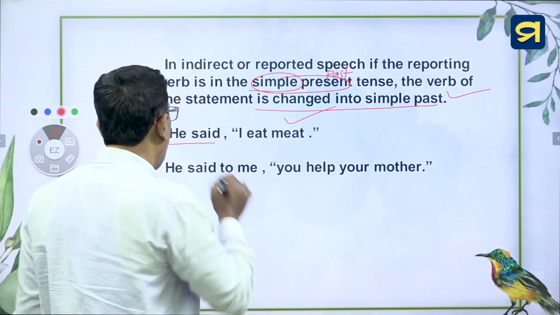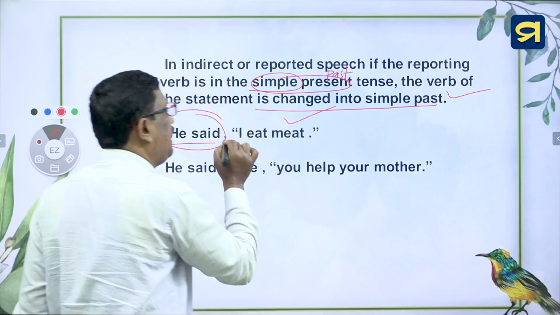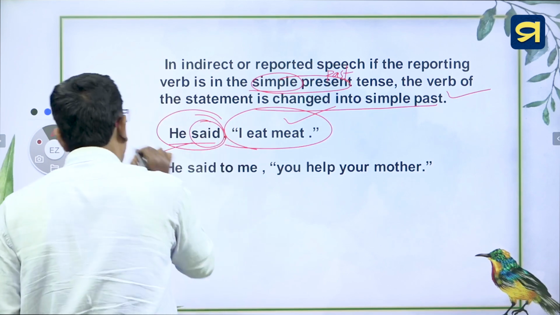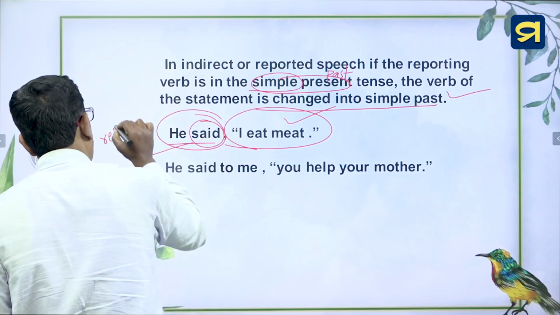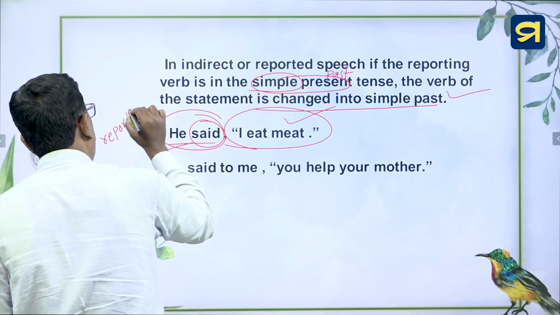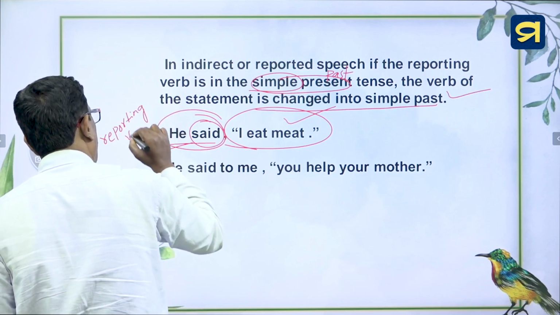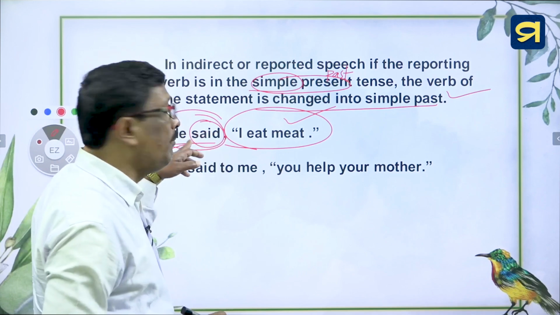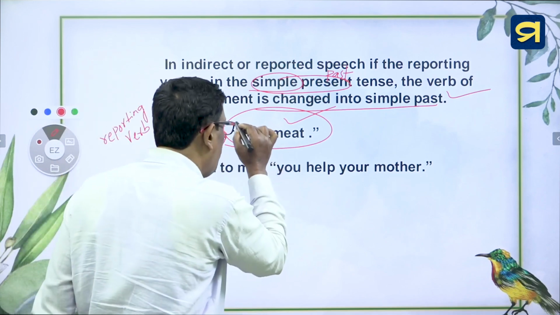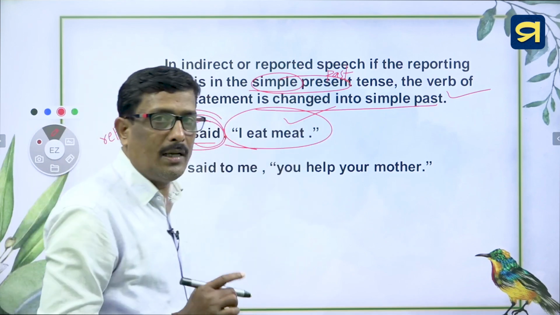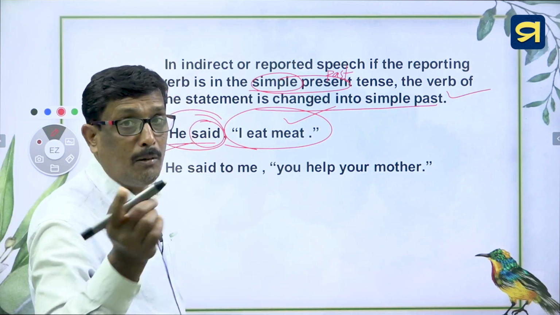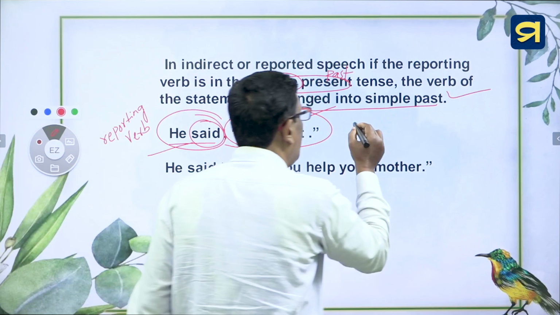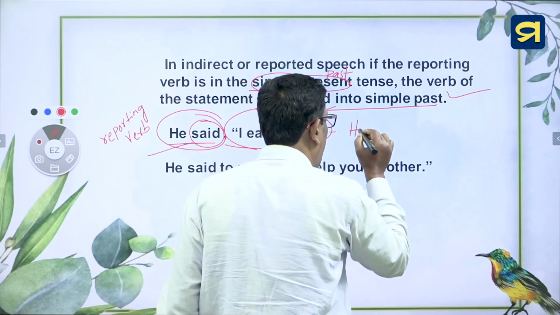You see, it is the reporting part and it is the reported part. And said is the reporting verb. Dear students, always mark the reporting verb. The reporting verb is in past tense. If the reporting verb is in the past tense, the statement given in the inverted commas is changed into simple past if simple present is given. So how do you write? You see, he said that.